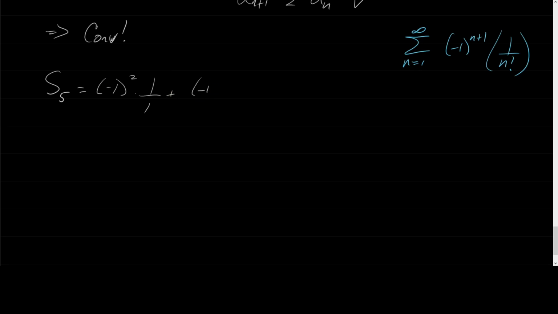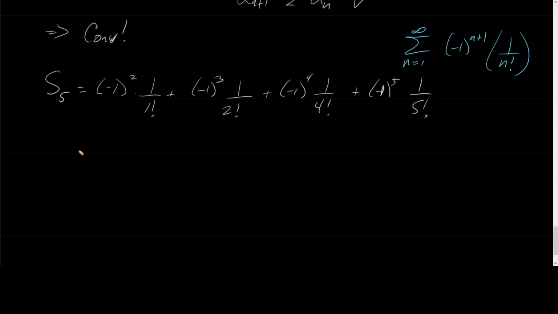Plus negative 1 to the, now I'm plugging in 2, 2 plus 1 is 3, times 1 over 2 factorial. I'm going to write this as factorials. Plus negative 1 to the, this is the third term, so 3 plus 1 is 4, times 1 over 4 factorial, plus negative 1 to the fifth times 1 over 5 factorial.